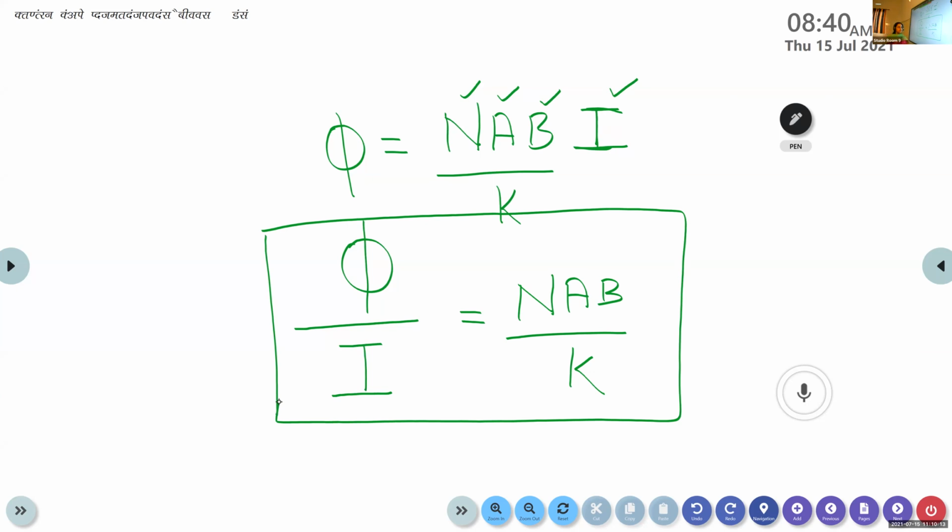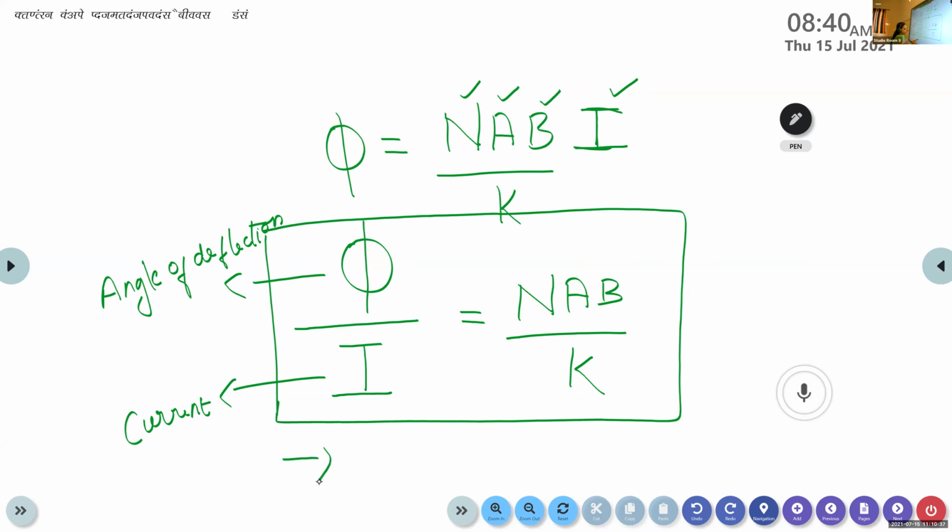Deflection means the angle of deflection, where phi is the angle of deflection. This angle of deflection per unit current is equal to NAB divided by K. This entire equation is known as the equation for current sensitivity. So the angle of deflection per unit current gives the current sensitivity. Is it clear?